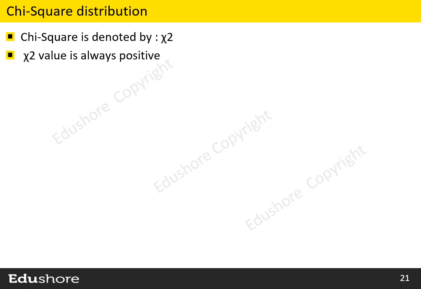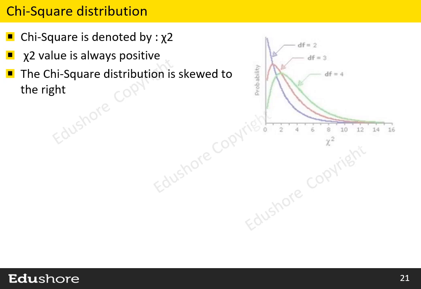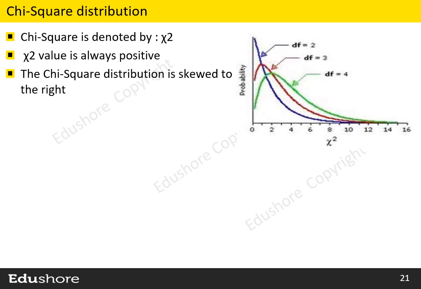Let us understand the characteristics of chi-square distribution. Chi-square is denoted by this symbol. The chi-square value is always positive. The chi-square distribution is skewed to the right. Here are the assumptions for chi-square distribution.